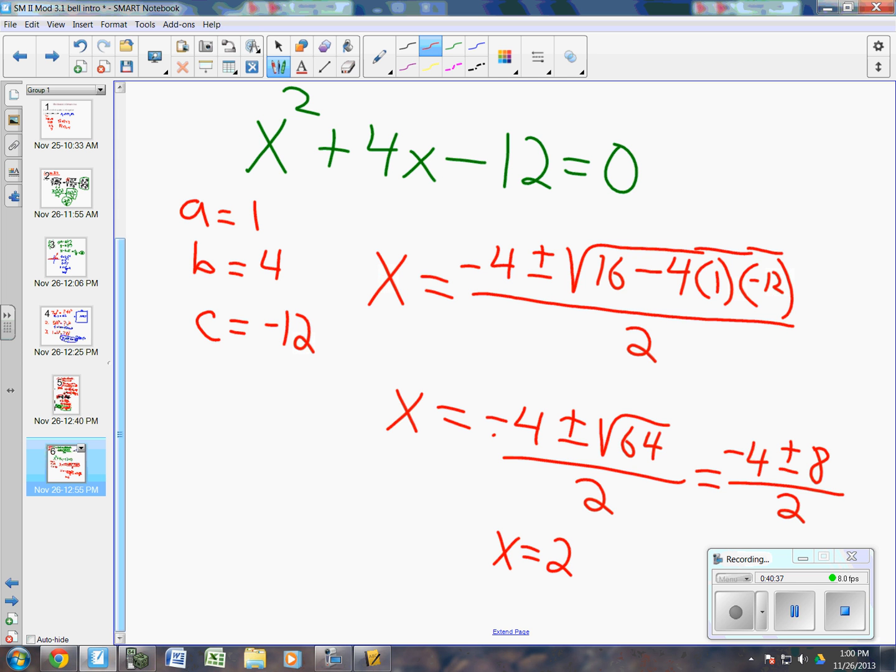And what's negative 4 minus 8? Negative 12 divided by 2 is negative 6. There's my two answers. That's not that bad. Okay, Branson and then Megan.